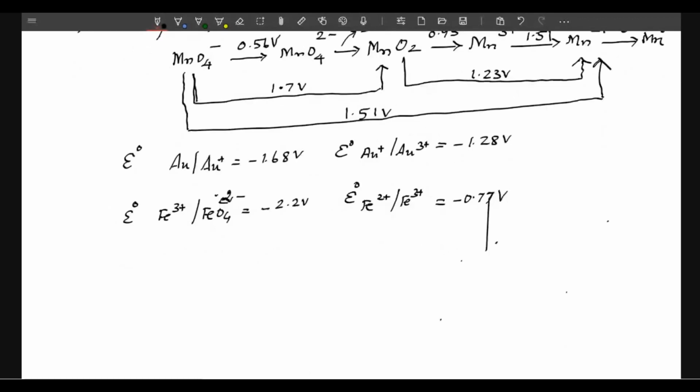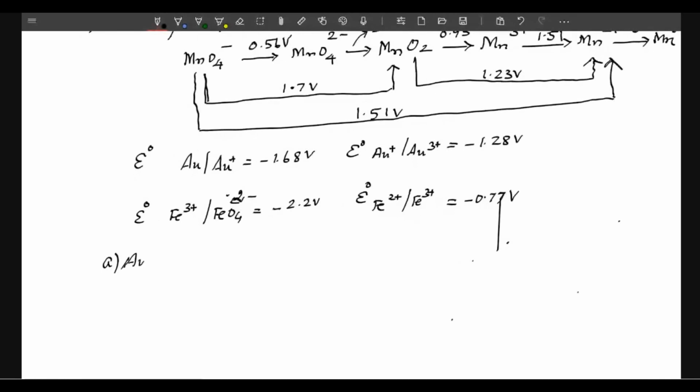Which species is unstable? Pick out the correct statement from the following.